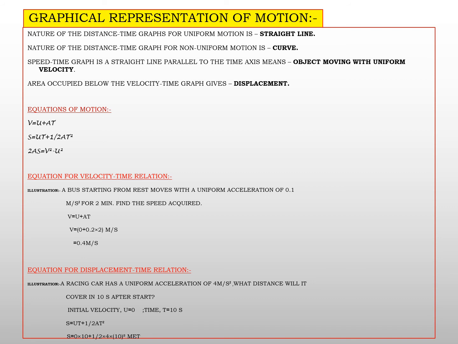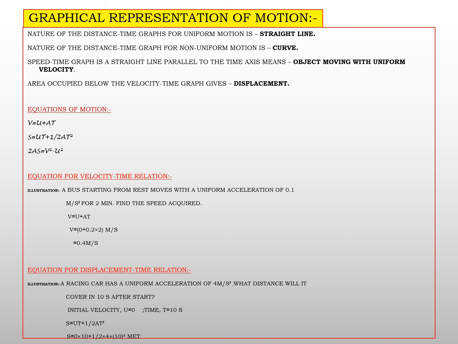Since it started from rest, the initial velocity will be 0 after the start. There is no need for the final velocity, as the formula is s is equal to ut plus half at square.